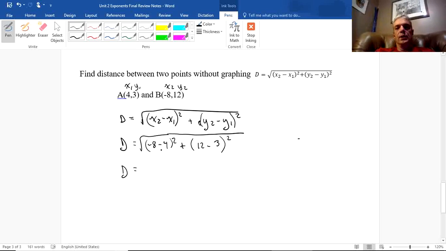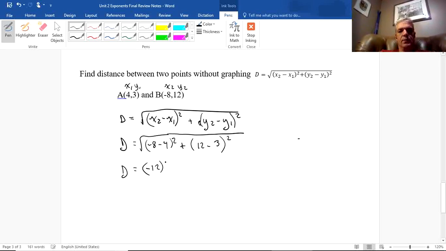So d equals, in this particular case, I believe it works out to -8 minus 4 is -12 squared. So -12 squared plus -9 squared. And we're going to square root all of that. So d equals 144 plus 81.